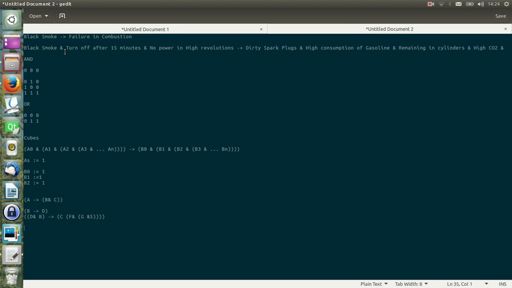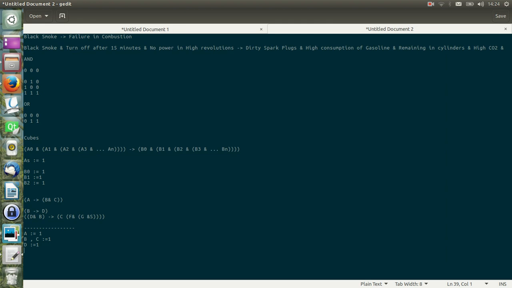If the implicit knowledge has A with true value, we infer in the first rule that B and C are true. In the second rule, D is true because B is already true.